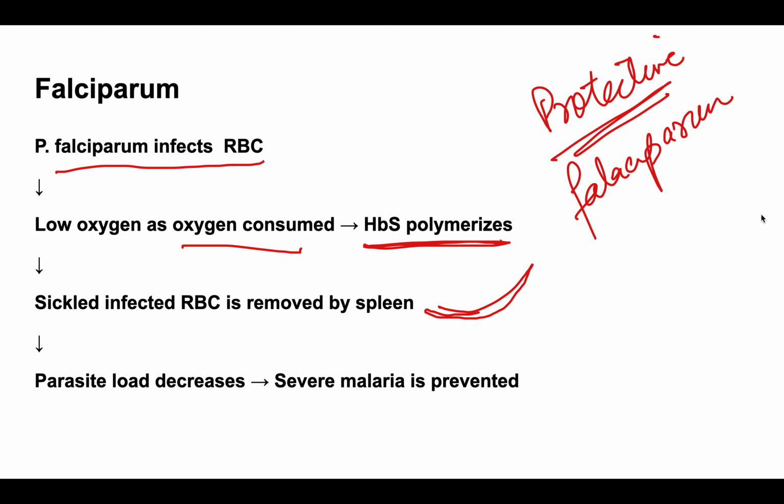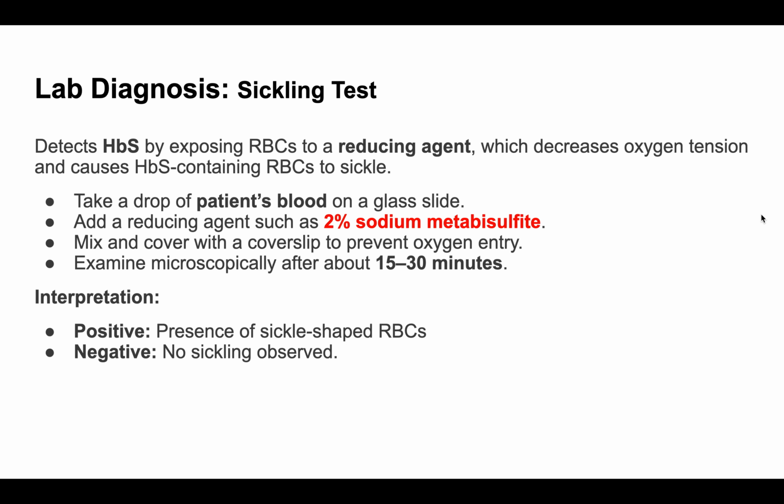Now the RBCs with the malarial parasite go into the spleen and are removed by the spleen. Therefore the parasite load decreases and the severe anemia of falciparum is prevented. So it is important to note that falciparum cannot survive well in a sickle cell anemia patient.